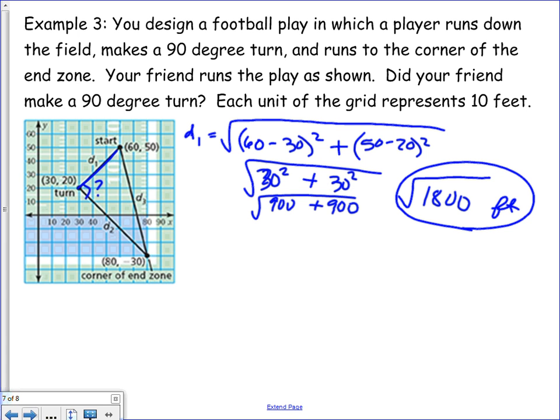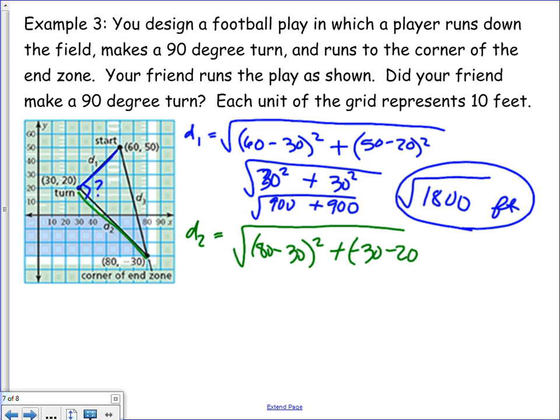Okay, now distance 2 from here to here is going to be the square root of 80 minus 30 squared plus negative 30 minus 20 squared. Okay.